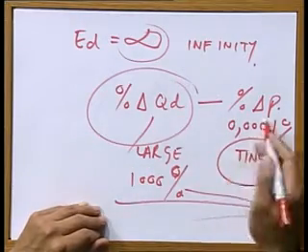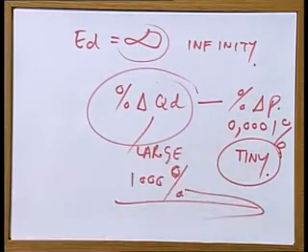And we will come to this type of elasticity when we deal with perfect competition. So this is theoretical. We don't get this type of elasticity in reality. We only get it theoretically. But you must be able to know this kind of elasticity. So a slight change in the price will cause a large, infinite, immeasurable change in the quantity demanded. Okay?